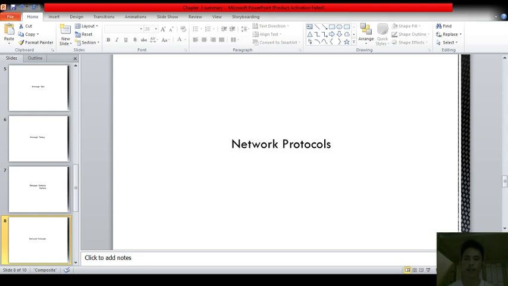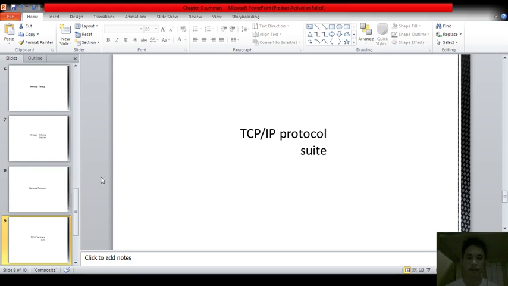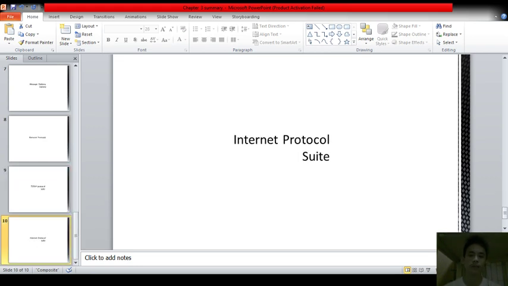So next is the TCP/IP suite protocol. The TCP/IP protocol is an open standard protocol that has been endorsed by the networking industry and ratified by a standards organization. Next is the Internet Protocol Suite.